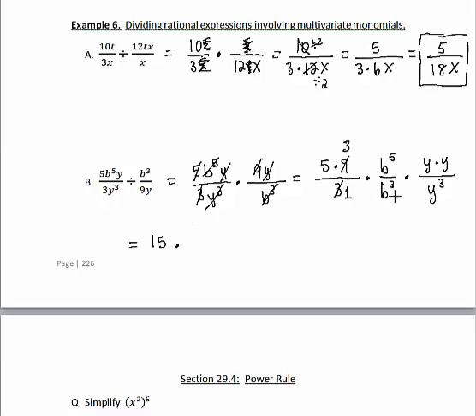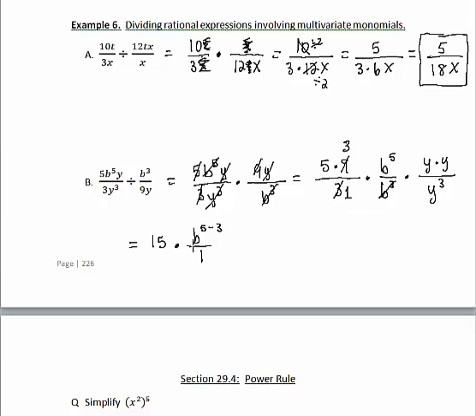Now if we deal with the fraction with the b's, we would say that the b to the 5th on the top has the larger exponent, and so we keep that one. We drop the b on the bottom. We can't just throw away the 3. We need to take it and subtract it from the 5 on the top.